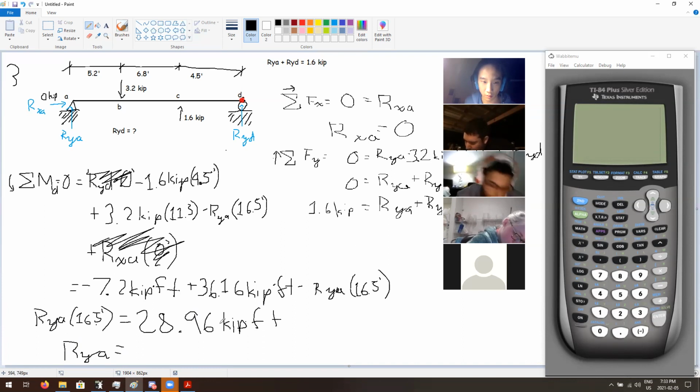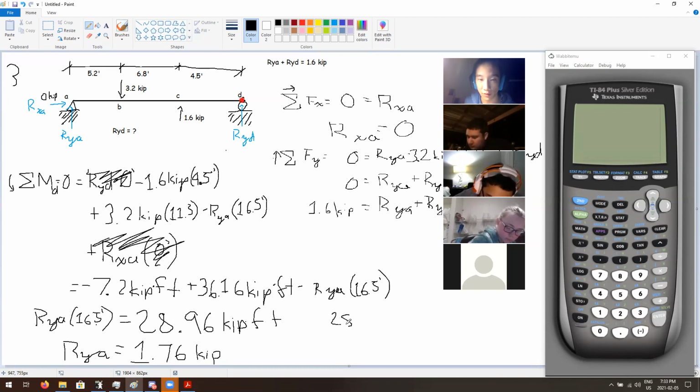RYA equals approximately 1.76 kips. Why is it not kip feet? It's because we divided a kip feet number constant by feet.